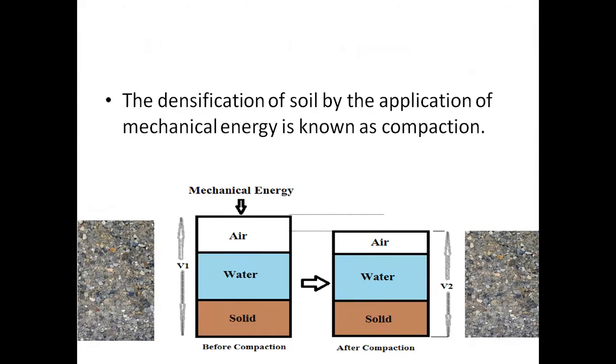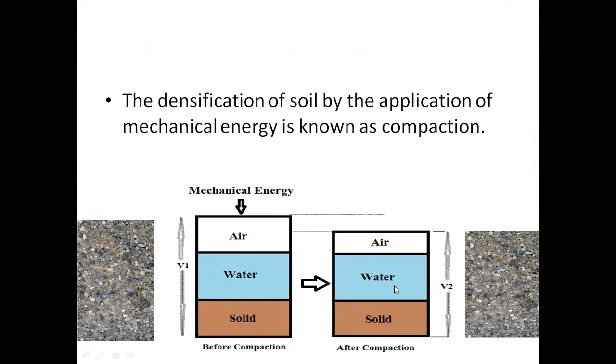Before compaction, you can observe in this picture the soil particles, water and air voids. This is known as volume V1. We consider applying mechanical energy, or external energy, on this particular volume of soil.